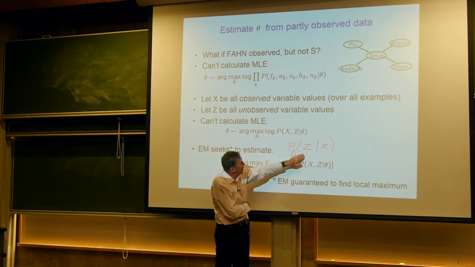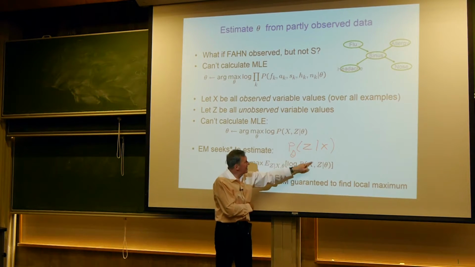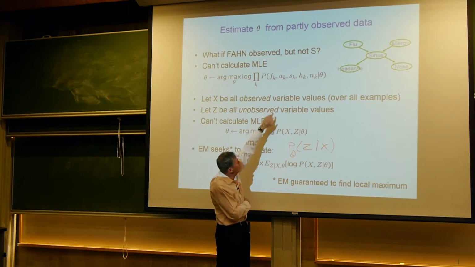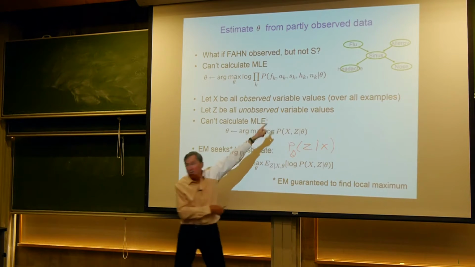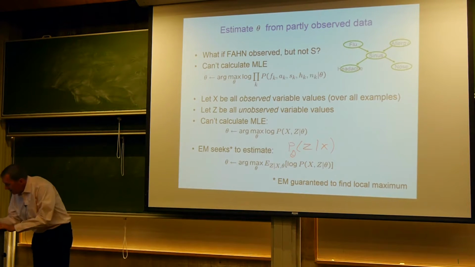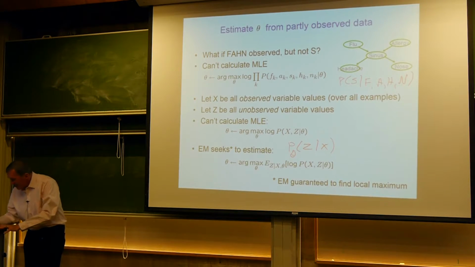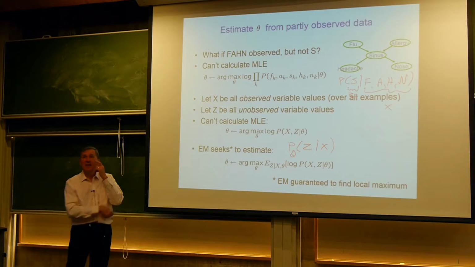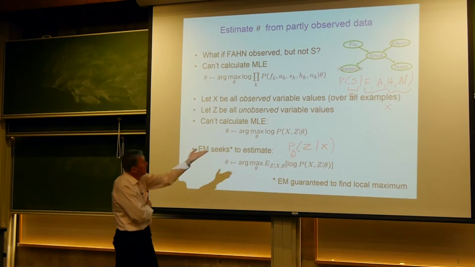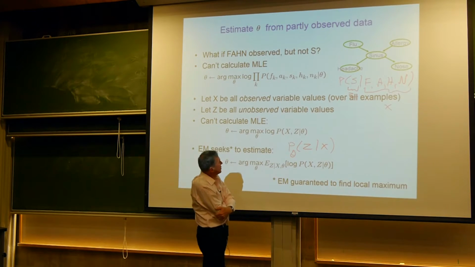So instead, we're going to maximize the expected value of that, in this case given the probability of S, given the observed F, A, H, and N. This is our X, this is our Z. X are the observed variables, Z are the unobserved ones.